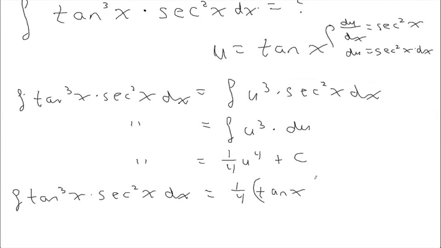You could either write it like this, or you could write it like this. Either of those is fine. This looks more like the starting material, but it's also fine if you put it in parentheses. Plus C. And again, it would be a good homework problem to check this and make sure that we get back what we started with.